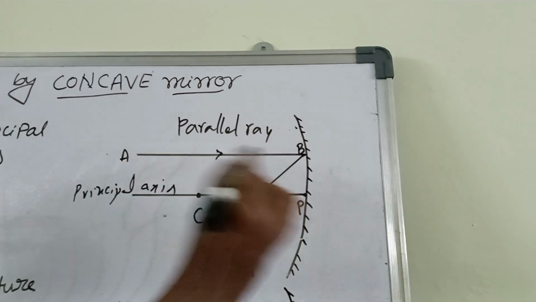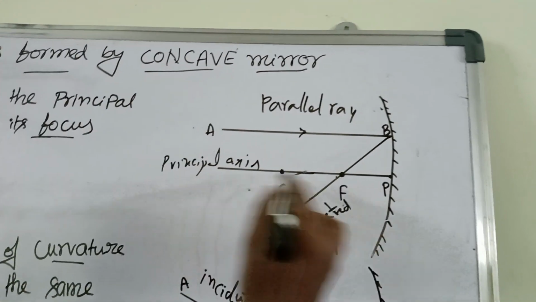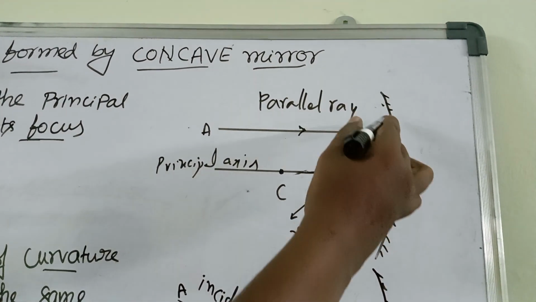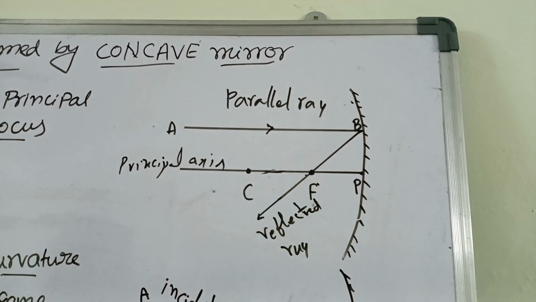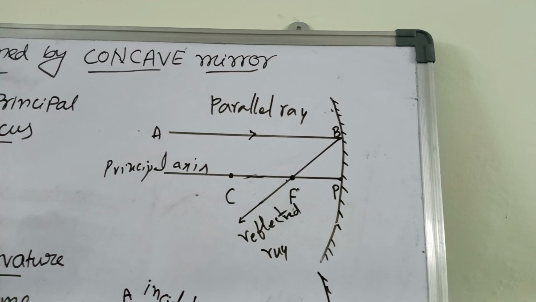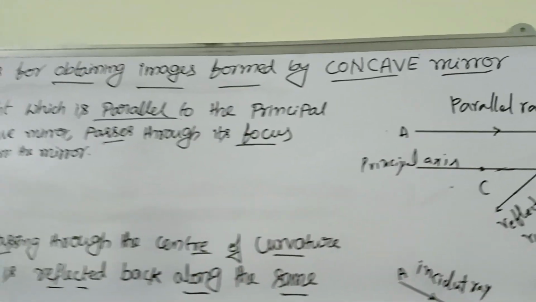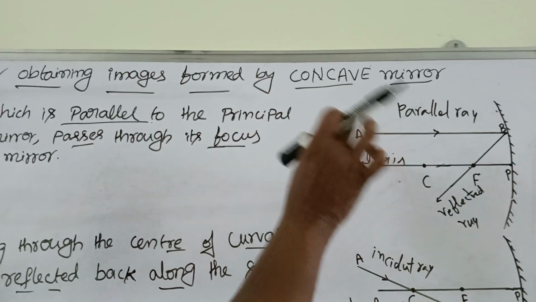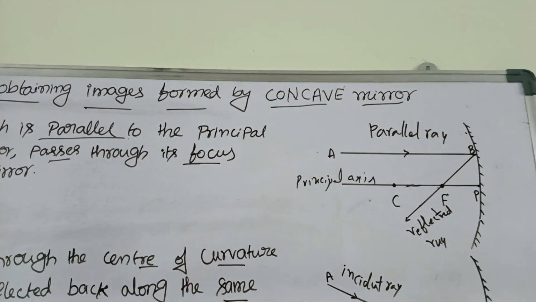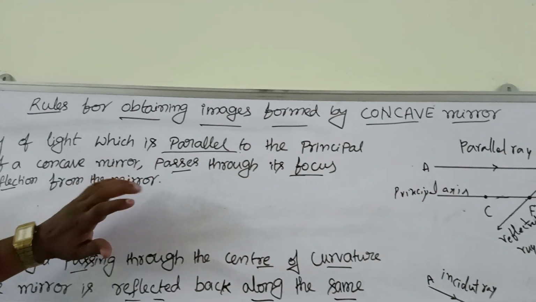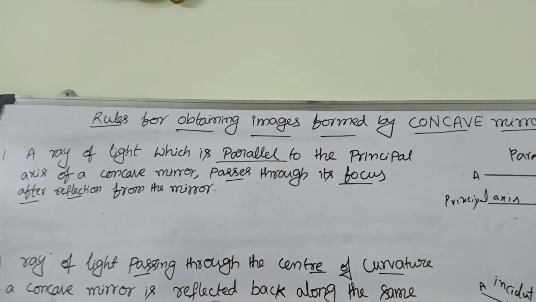So the incident ray is parallel to the principal axis, then after striking the concave mirror, it reflects through the focus. This is the reflected ray. By drawing the images and understanding this figure, we can write these points on our own.